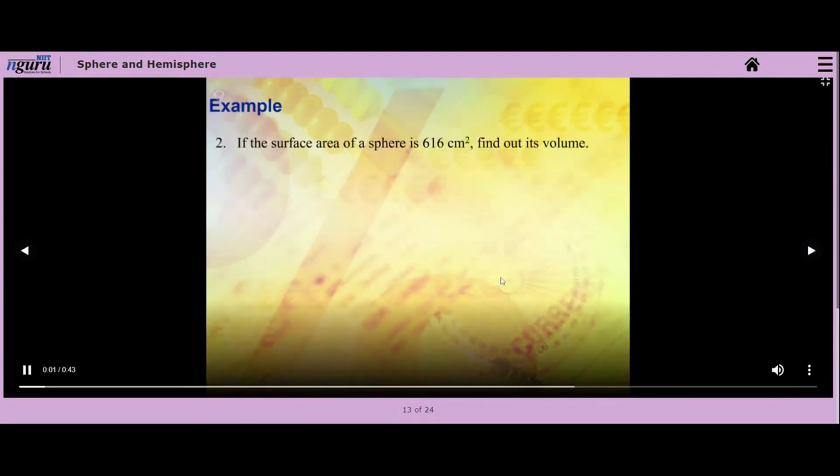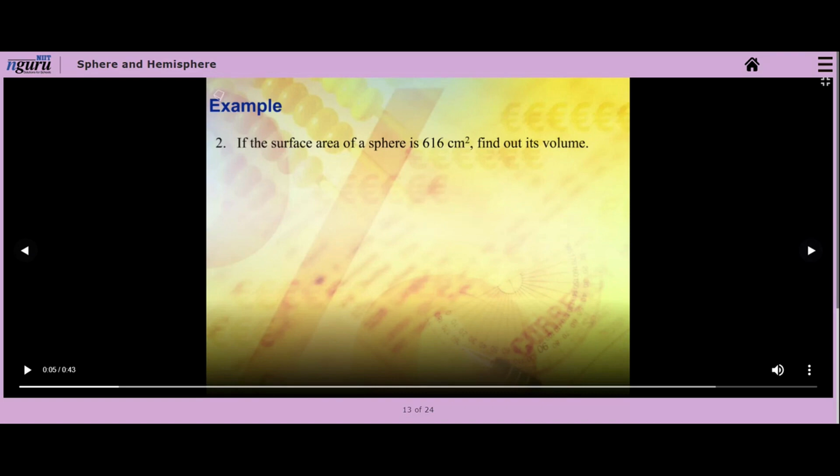Okay. Example 2. Area of a sphere is 616 square centimeters. Find the volume. How much did you get? What is the value of the radius?